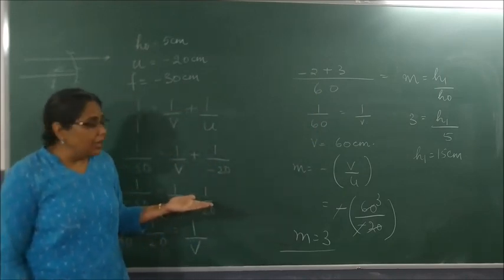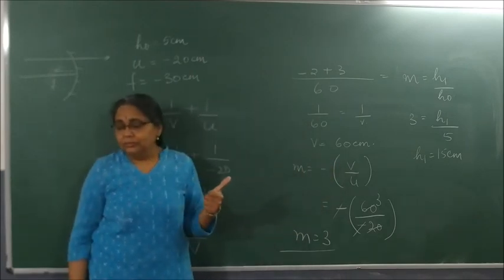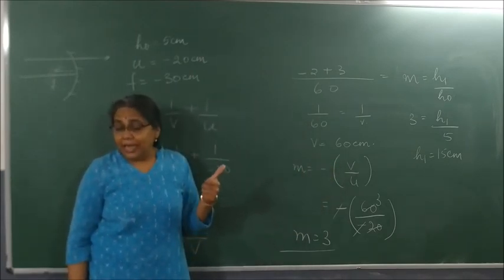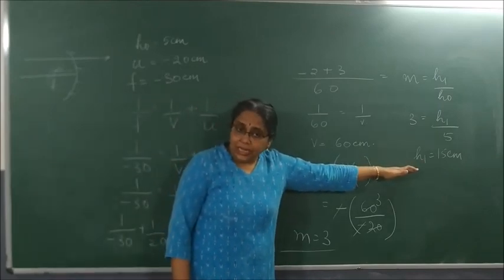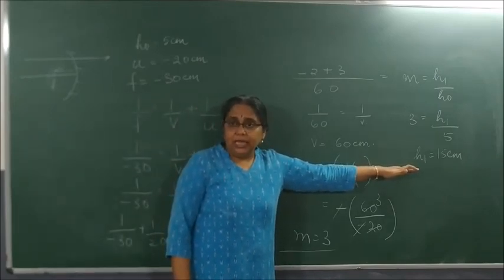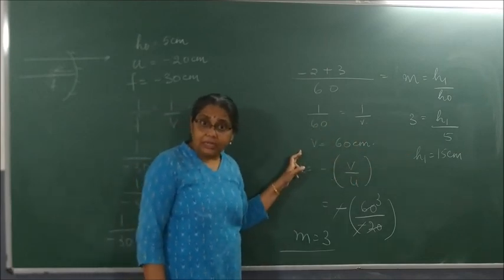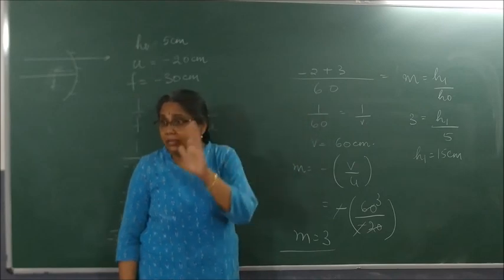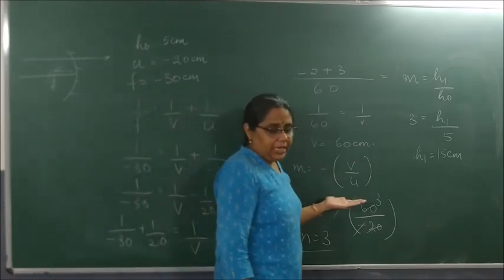So what will be our final answer? A virtual, erect, enlarged image of size 15 centimeter is formed at a distance of 60 centimeter behind the mirror.